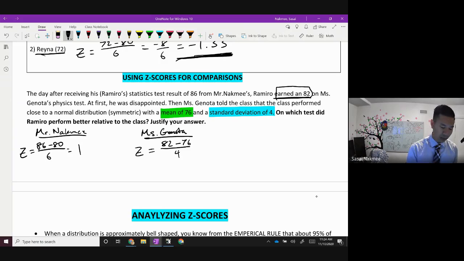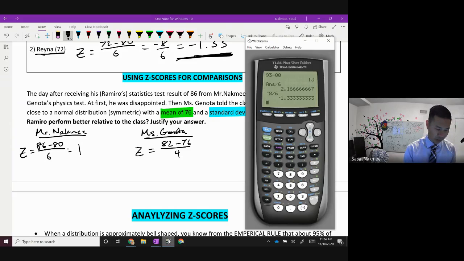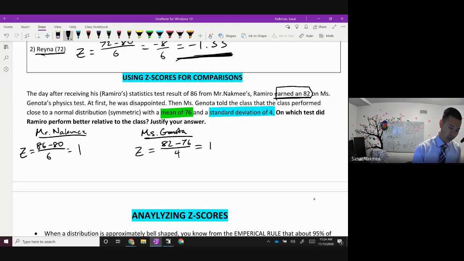And we're comparing that to see what his z-score was for Ms. Janota's class. When you calculate this using those values, 82 minus 76 equals 6. Divide that by 4, and you see that his new z-score for Ms. Janota's test was 1.5. So on which test did Romero actually perform better relative to the class? Romero's score looks better in my class, right?